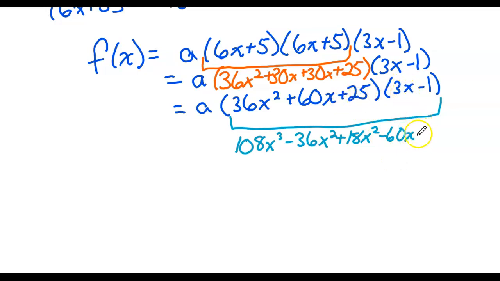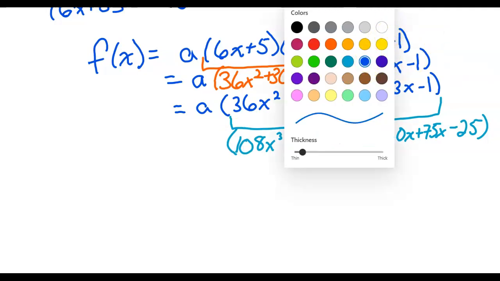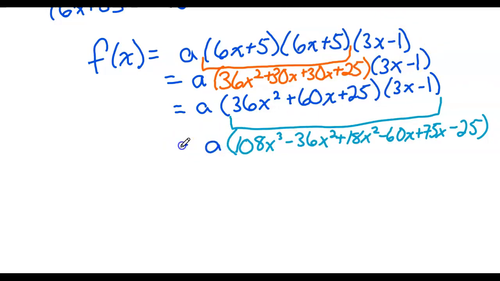25 times 3x will give me a positive 75x. And 25 times negative 1 will give me negative 25. Again, I'm going to put that in parentheses because I still have that a sitting out front. So I will clean this mess up by combining like terms.